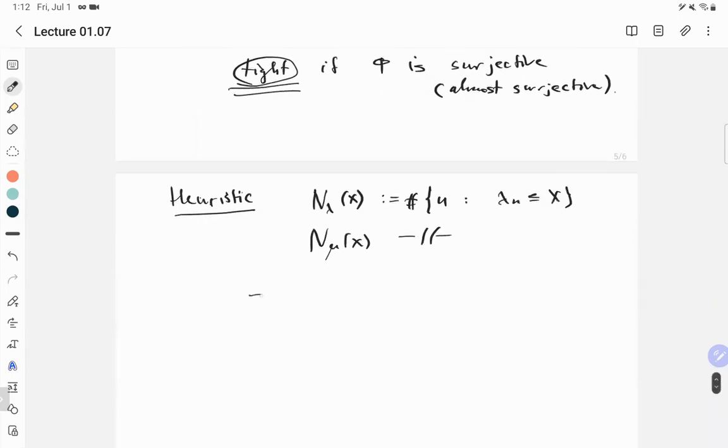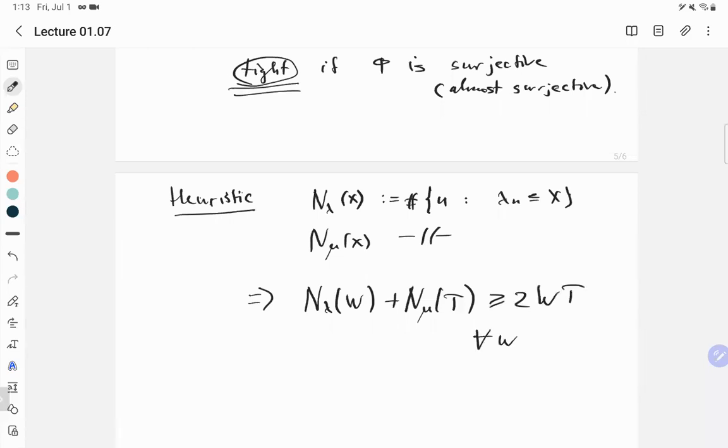The condition that they should satisfy for this to be a uniqueness pair, and this is not a rigorous result, though in some cases it is rigorous, is that n lambda of w plus n mu of t should be bigger than or equal to 2wt, for all w and t greater than 1.